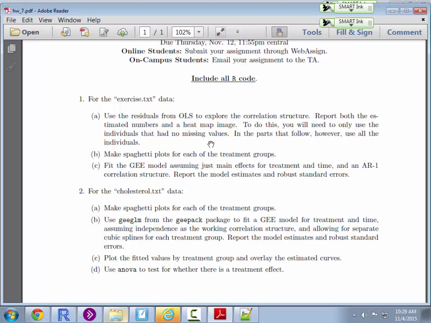Do that, get that estimated correlation matrix, and then make an image of it using the heat map function. So I did that in last night's Q&A. Basically, a heat map is just a picture. In this case, if there's p time points, it's going to be a picture with p times p cells. So it's just an array of cells.